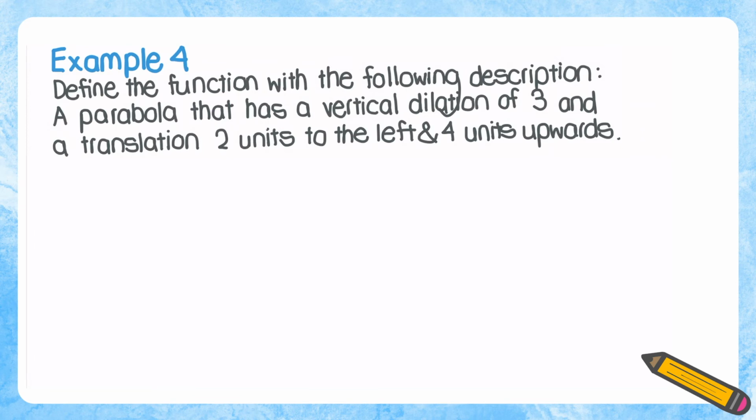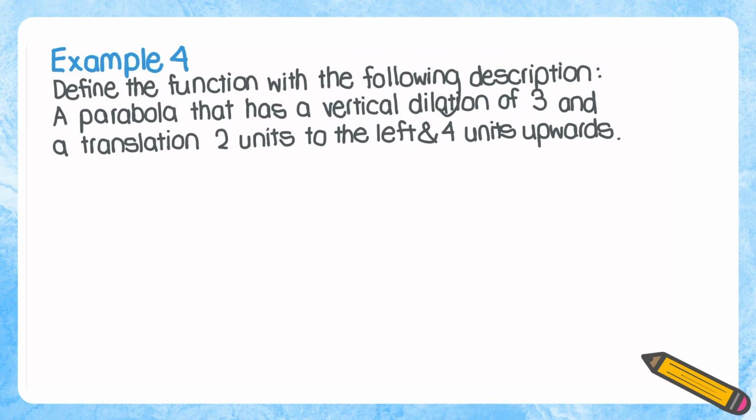So we're going to define the function with the following description. A parabola that has a vertical dilation of 3 and a translation 2 units to the left and 4 units upwards. What is this function going to look like?